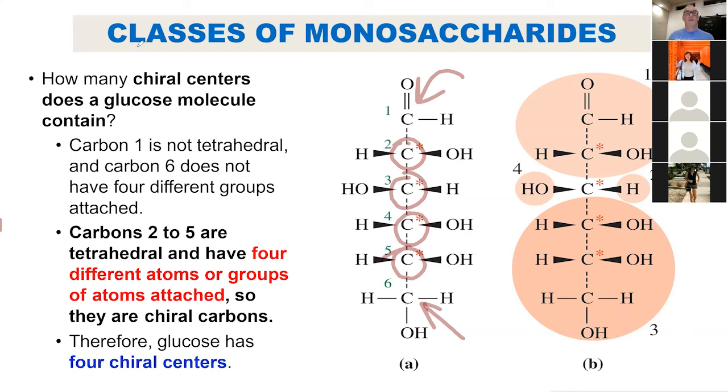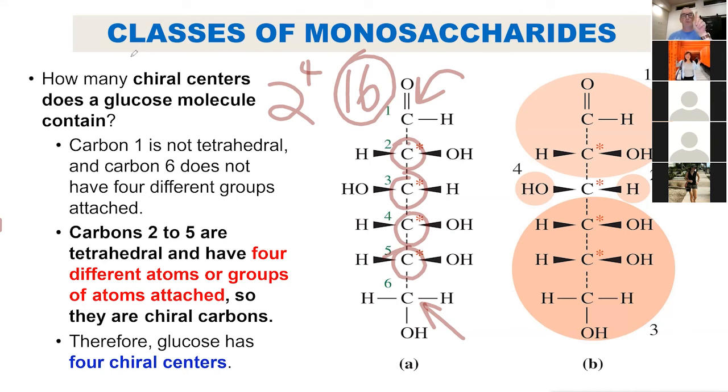So it can form, we're going to find out, 2 to the 4th different stereoisomers. It can form 16 different molecules.